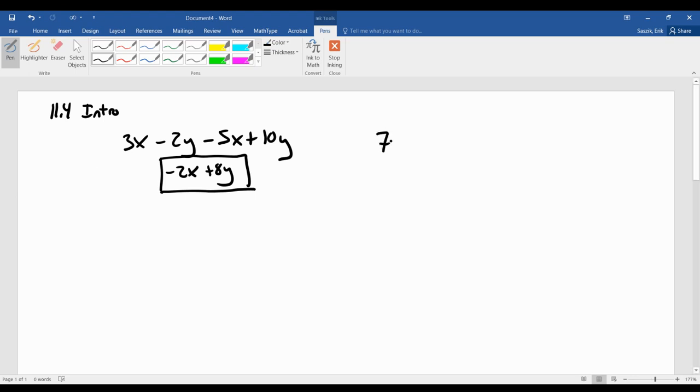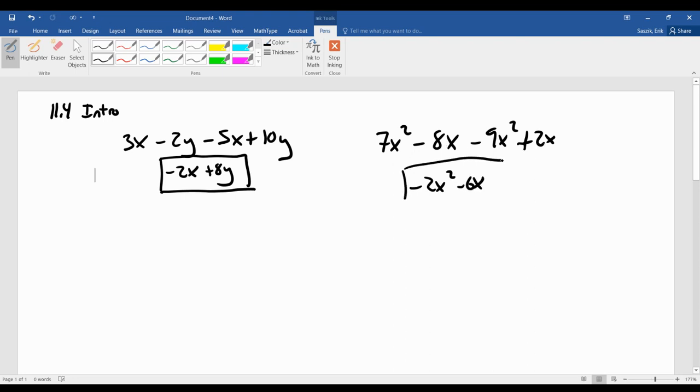Something similar was something like this. Remember, you can only combine x squareds with x squareds, x's with x's. So 7x squared minus 9x squared would be negative 2x squared. Negative 8x and 2x would be negative 6x.